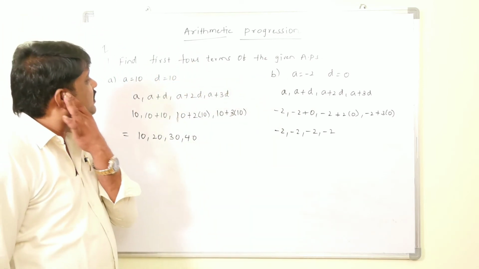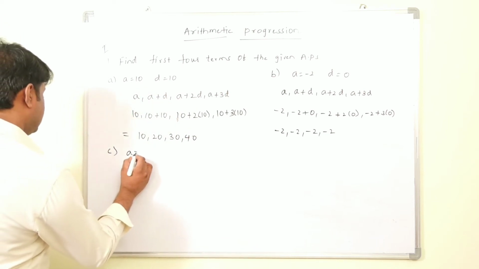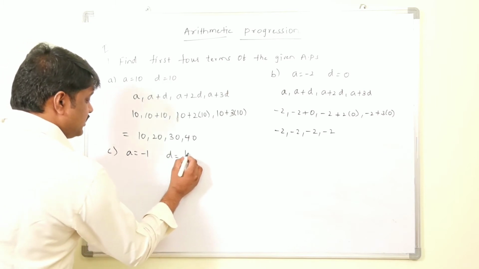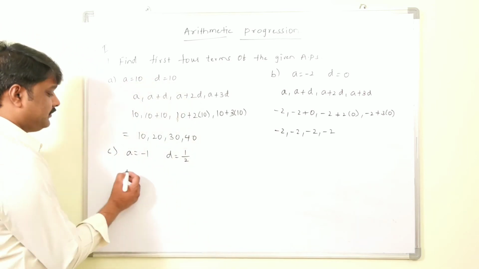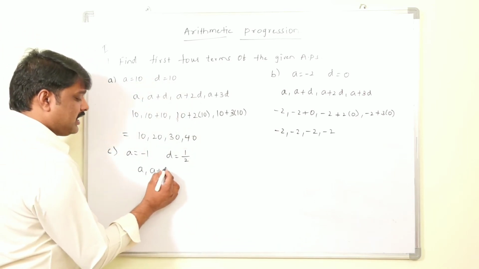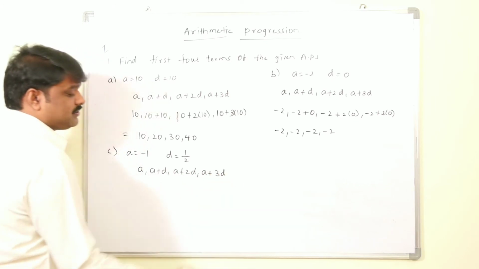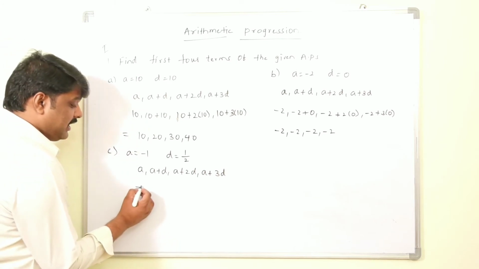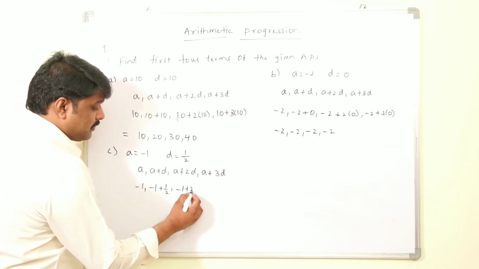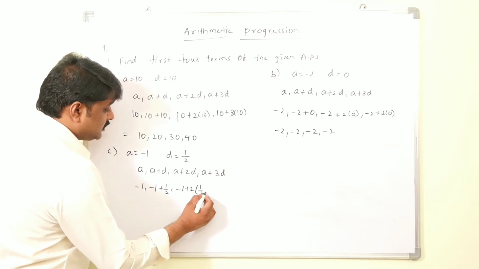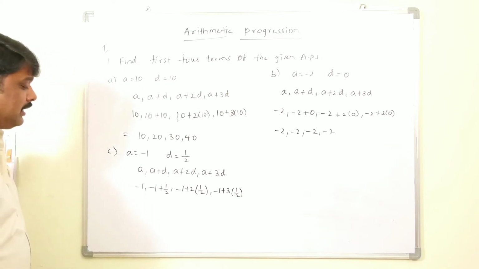Likewise, let us find the first four terms of another AP where A is given as minus 1 and D is given as 1 by 2. Let us write. First term is A, second term is A plus D, third term A plus 2D, and the fourth term is A plus 3D. A is minus 1, plus half, minus 1 plus 2 halves, minus 1 plus 3 halves.